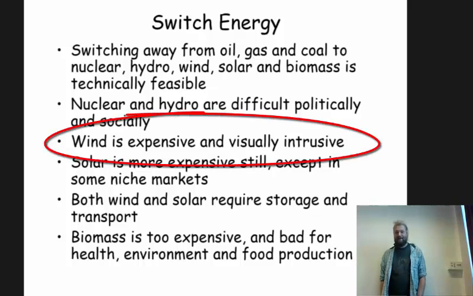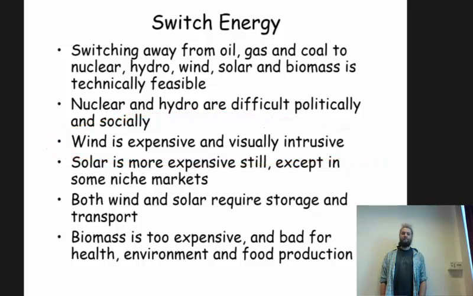So wind at the moment is still fairly expensive. Coal-fired electricity costs about 4 cents per kilowatt hour. Gas-fired costs about 6 cents per kilowatt hour. Wind is still around 8 cents per kilowatt hour.